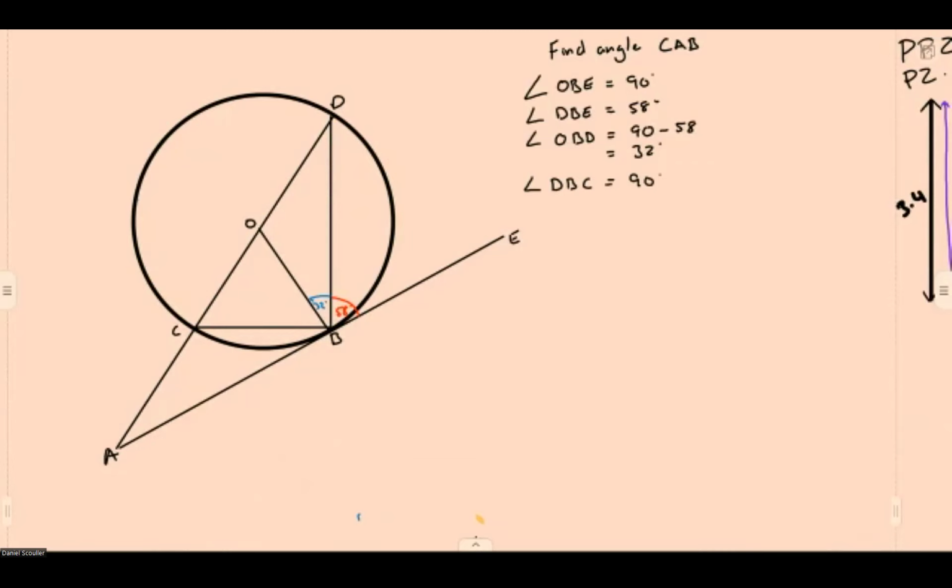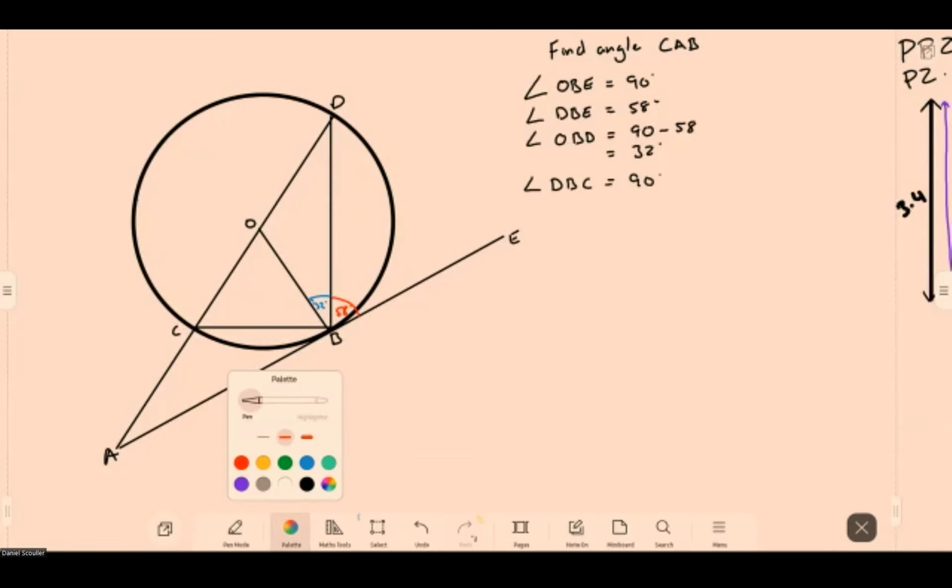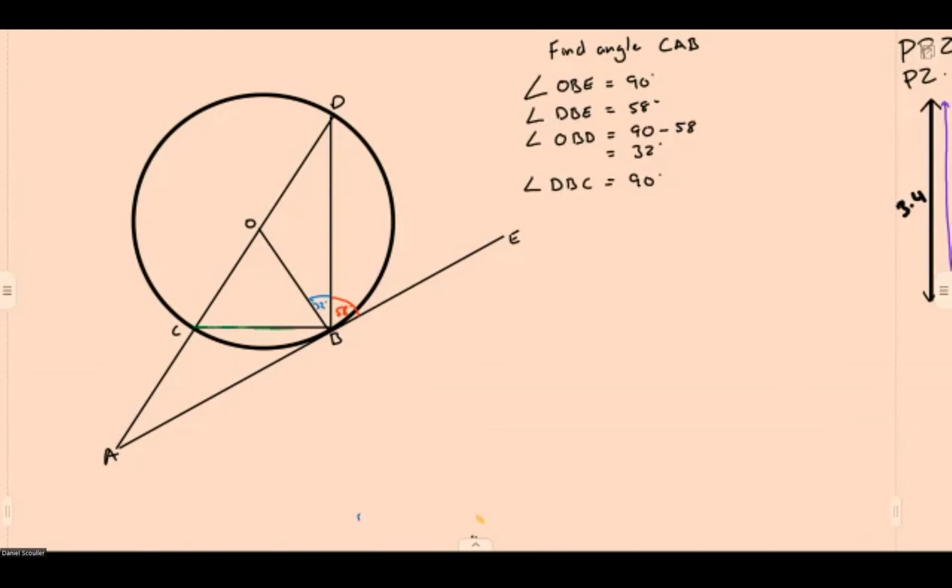What is DBC? That's an angle created by a line coming from C to B, and then a line coming from D to B. So that angle in there is 90 degrees.